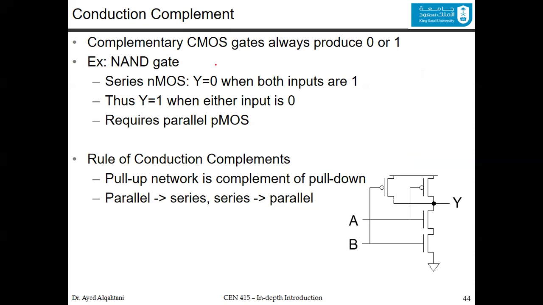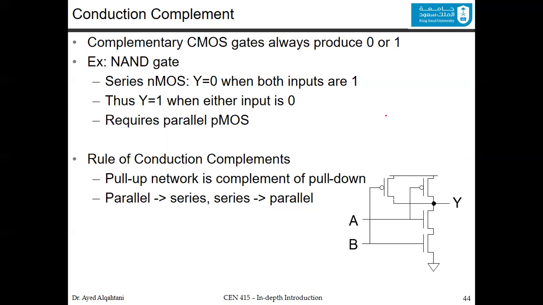Now, conduction complements. The complementary CMOS gates are called complementary because this is the intention. If the pull down is on, the pull up is supposed to be off, and vice versa.